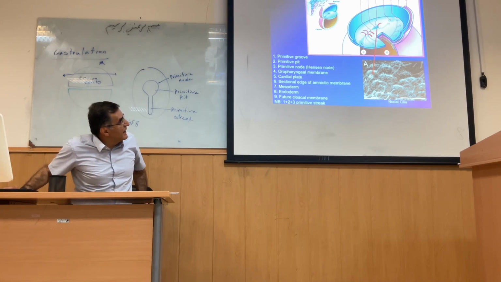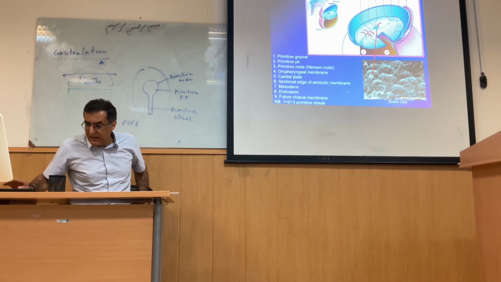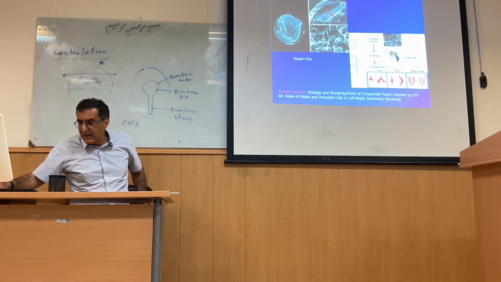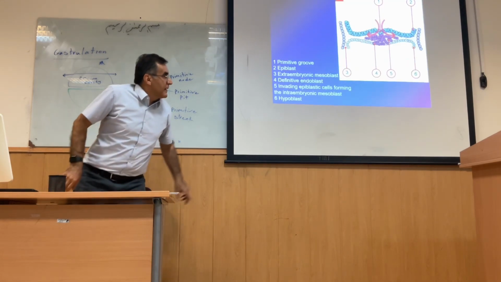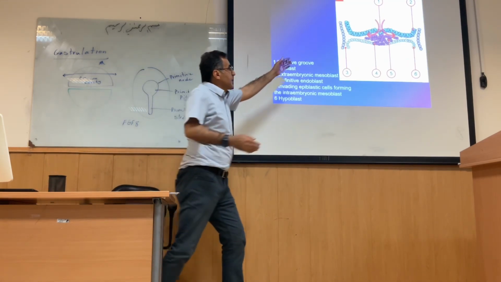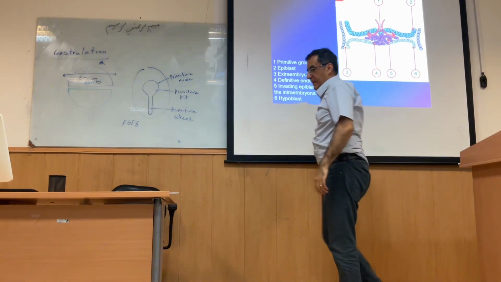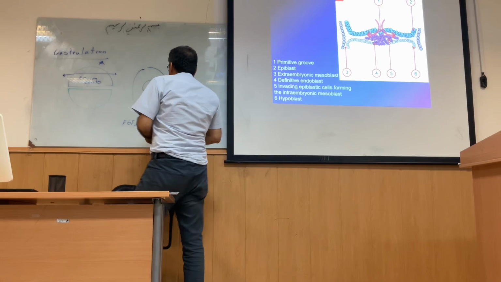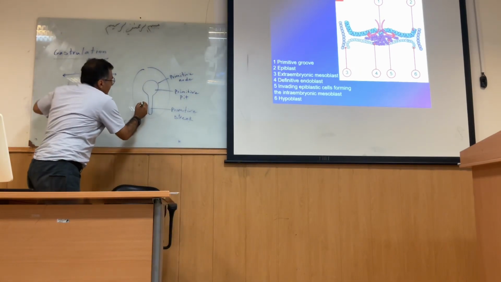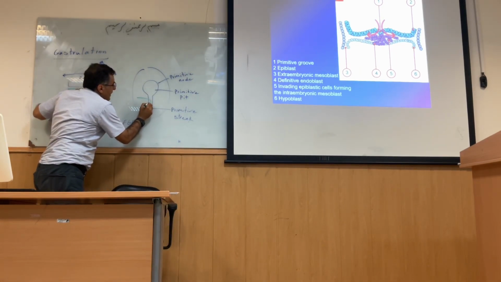This is a streak. The arrow shows the pathway of the migration. This is a coronal section. The cells are going down. I draw it. These cells going down.